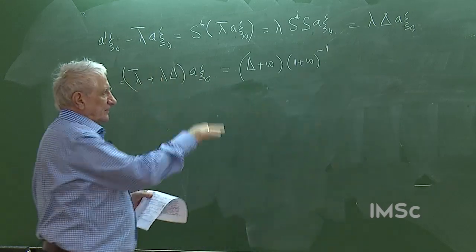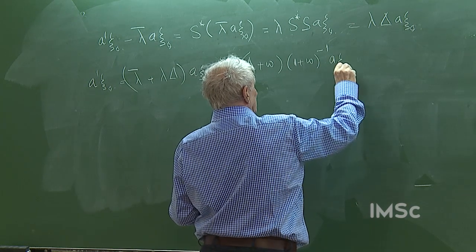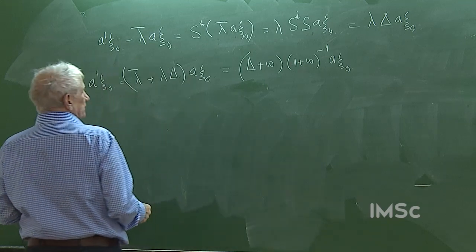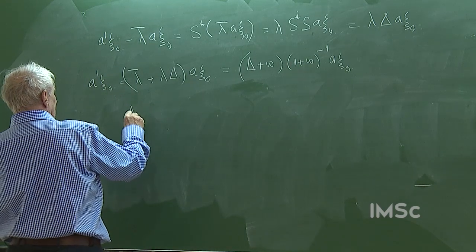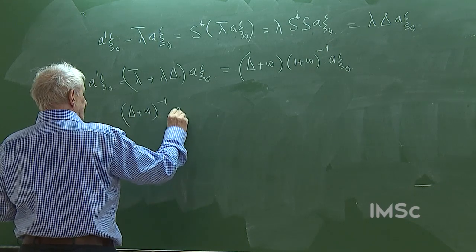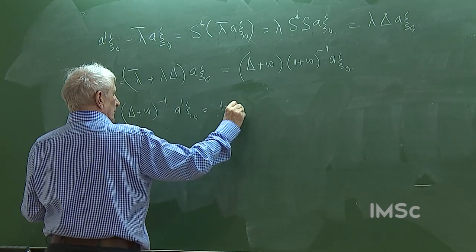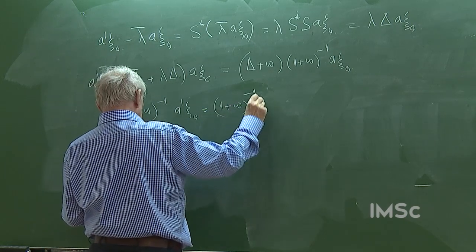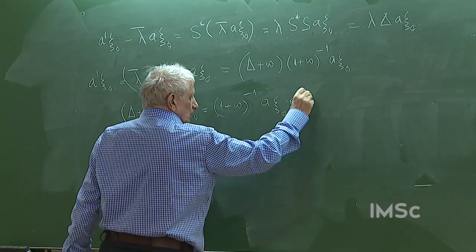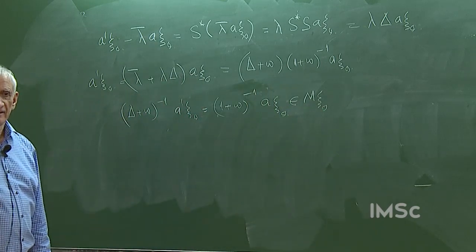This is an elementary computation. That means what we have is that delta plus omega to the minus 1 of A prime psi naught is equal to 1 plus omega to the power minus 1 A psi naught, which indeed belongs to M psi naught. And that's it.